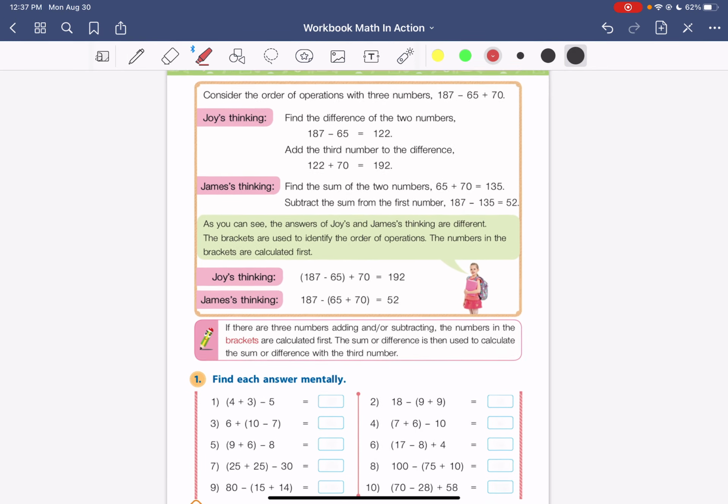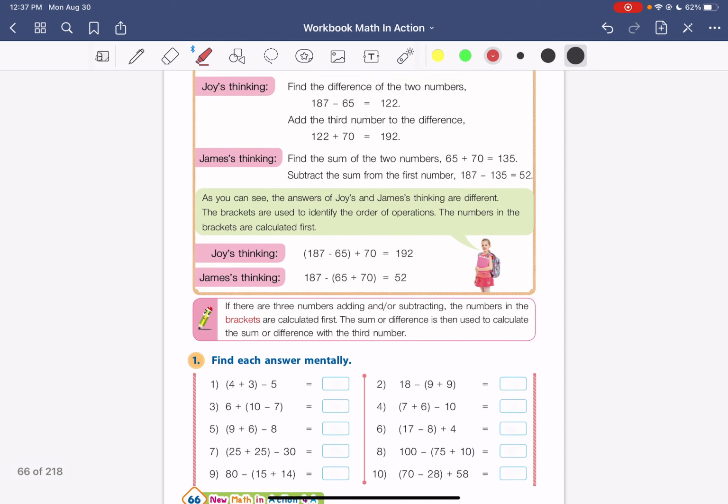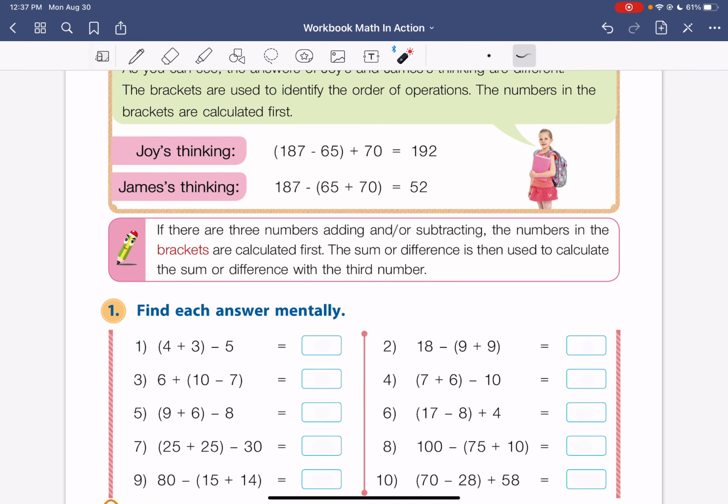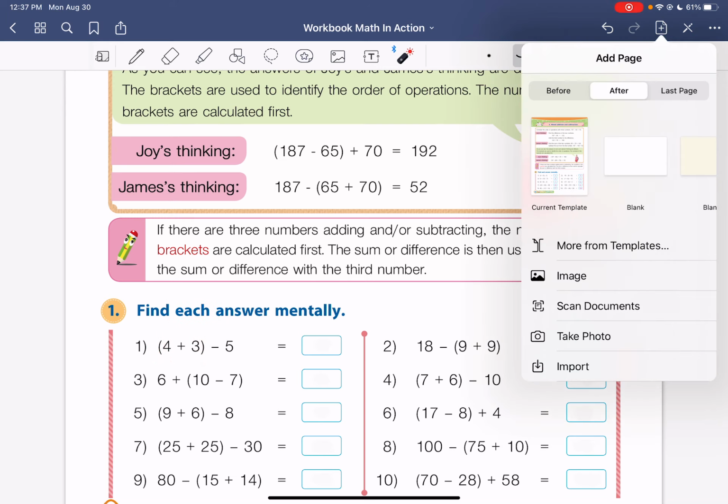So first, if there are 3 numbers, adding or subtracting, the numbers in the brackets are calculated first. The sum or difference is then used to calculate the sum or difference with the third number. So brackets are done first, okay? Let me show you.